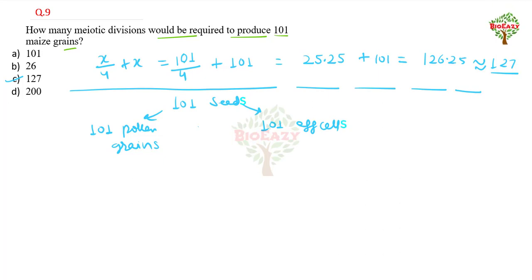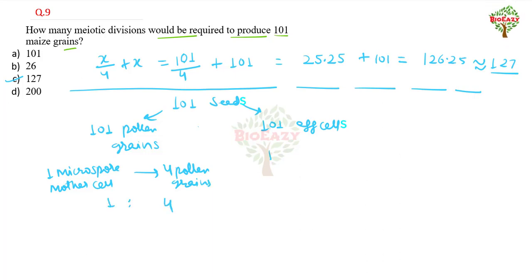And here the ratio is, because from one microspore mother cell, 4 pollen grains are produced. So here the ratio is 1:4. Now here from one megaspore mother cell, one egg cell is produced. So here the ratio is 1:1.